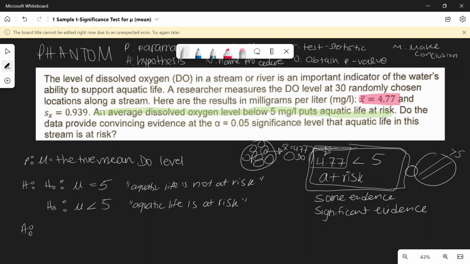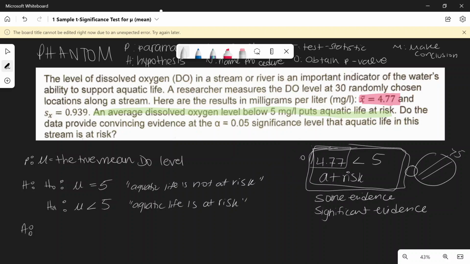All the other ones could be all greater than 5. They could be like 6, or like 7. And it could have just been purely by chance that this one was less than 5. So this is some evidence, yeah, but it could be that these all have a larger level of dissolved oxygen. So yeah, that's that. Let me get rid of all of this.